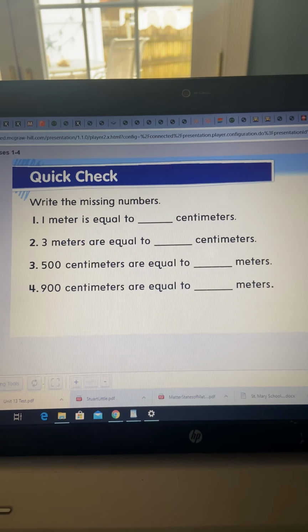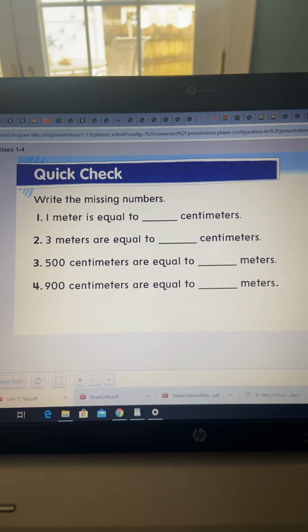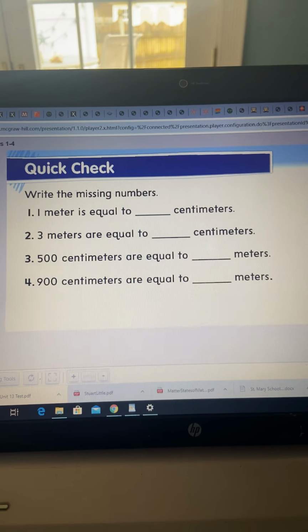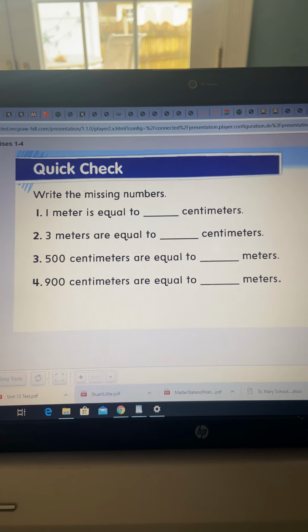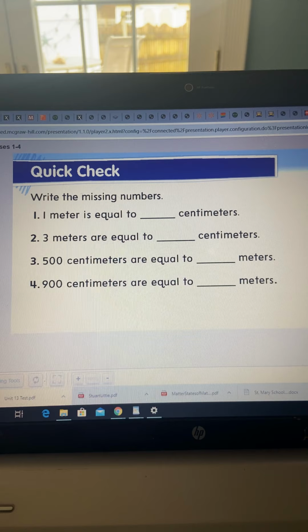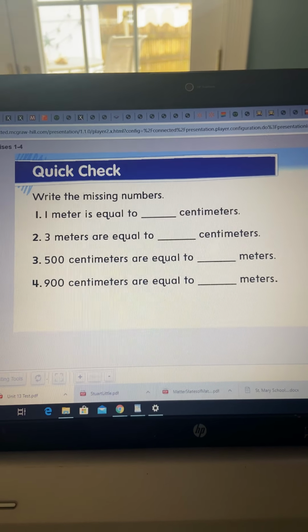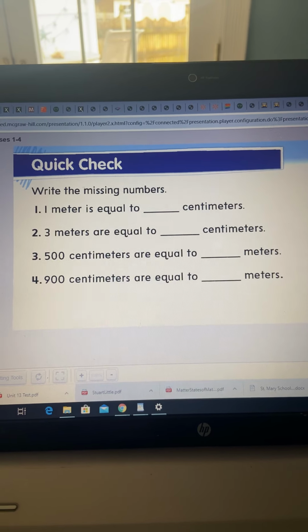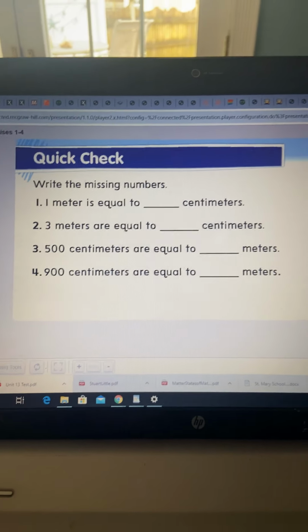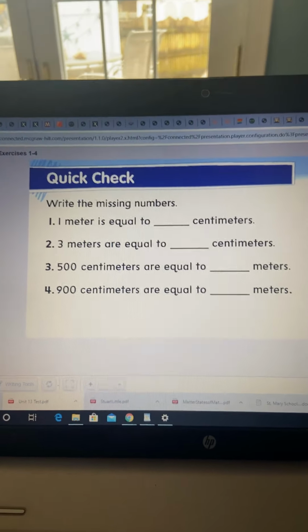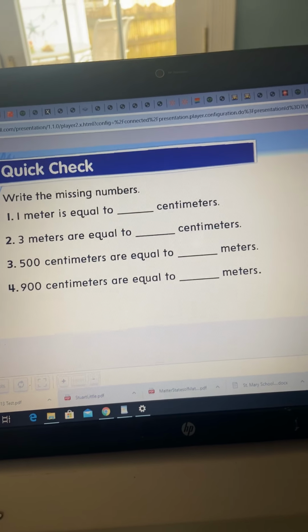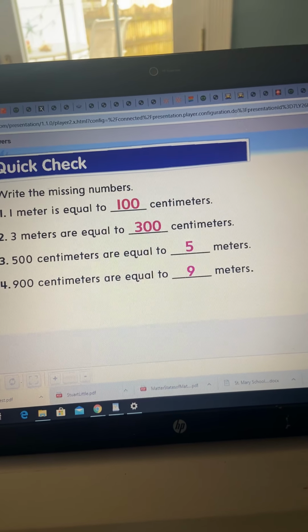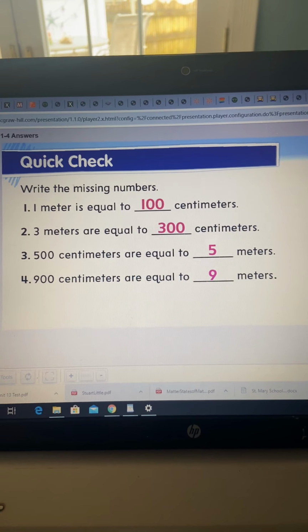And if you said 9, you are correct. And that's the nice thing about the metric system, boys and girls. Everything is just like our place value system. It goes by tens, hundreds, thousands, and it really simplifies things. And there's our answer. And you guys were all right.